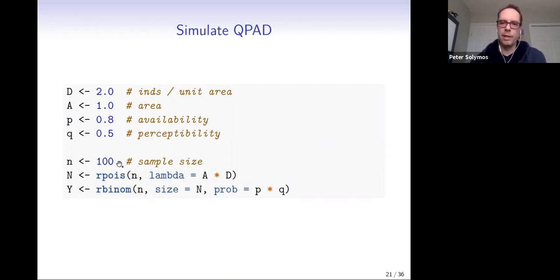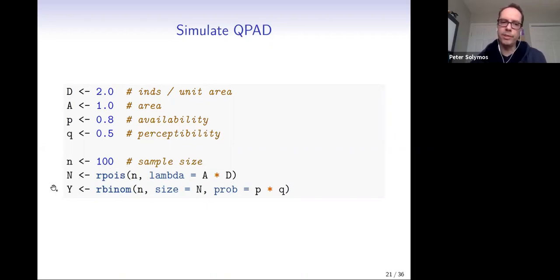We can set our sample size to 100, nice round number, and then say N, which is the true abundance, follows a Poisson distribution. rpois means give me random numbers from a Poisson distribution. This is going to be a vector of length N, and lambda, which is the mean of the Poisson, is A times D. Area times density, which is 1 times 2.